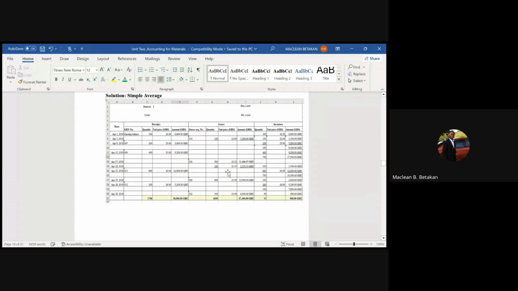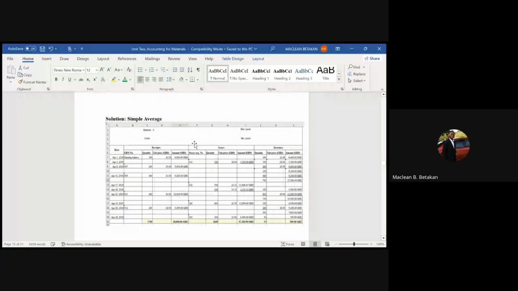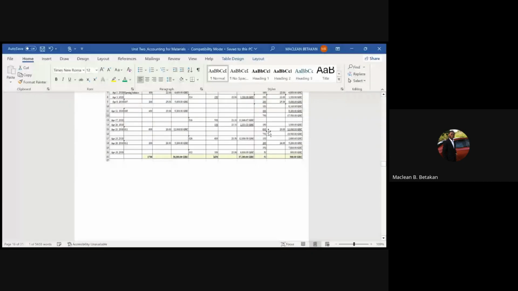Then the next transaction is to issue 600. We are issuing 600 out. So if you are going to issue 600 out, we are using simple average, right?